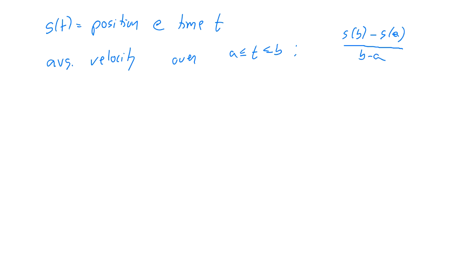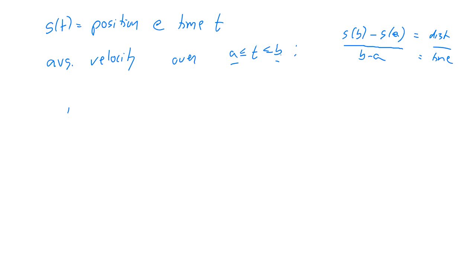So if S is position, then you can find out where you are at the 2 points. And then by subtracting them, that tells you how far you've moved. That's what the numerator is. So that's distance. And if you just take B minus A, then that's how much time has elapsed. So distance divided by time is rate. So that's the average velocity.